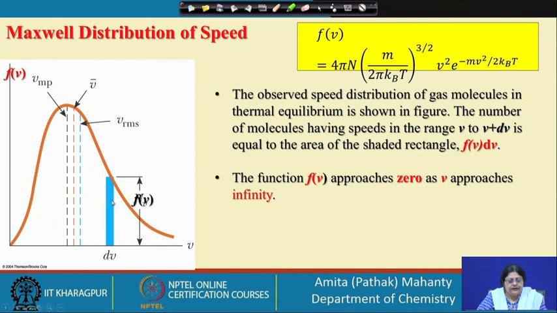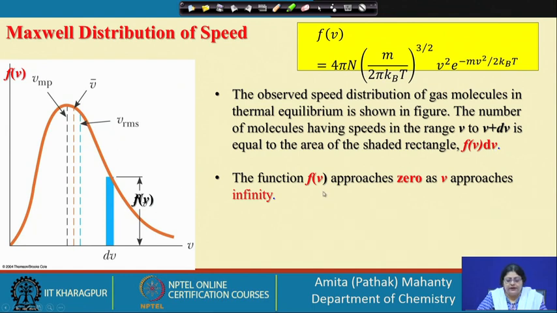This is the infinitesimally small velocity interval, and when I multiply the distribution function with dv, I get f of v dv, the shaded area.